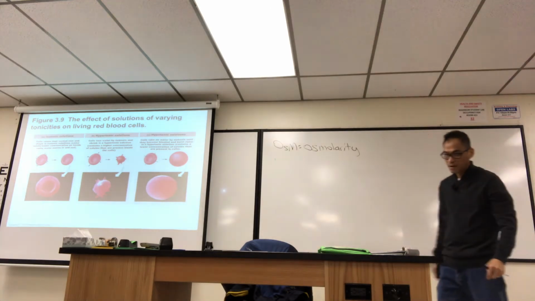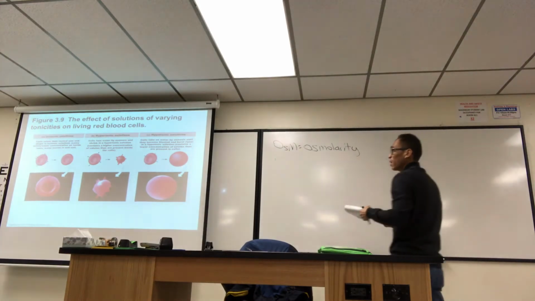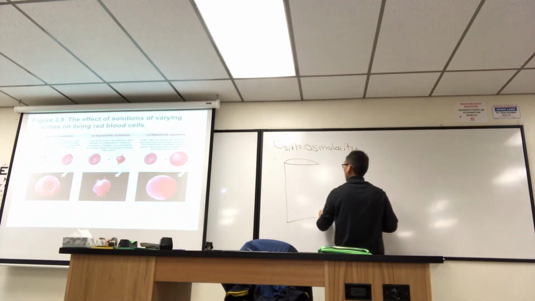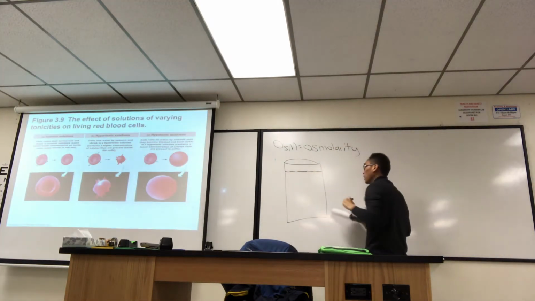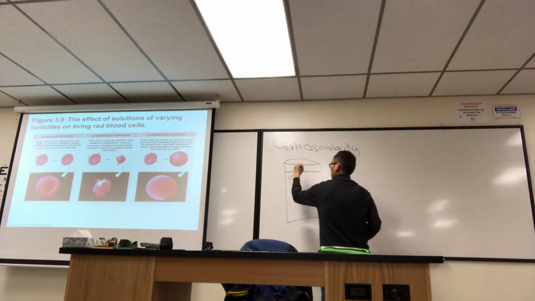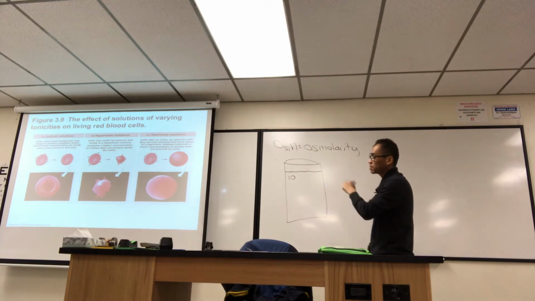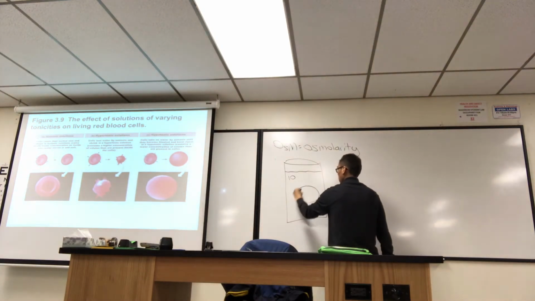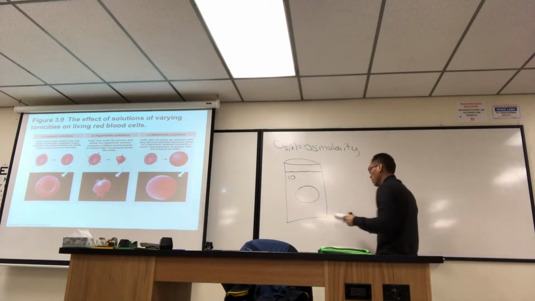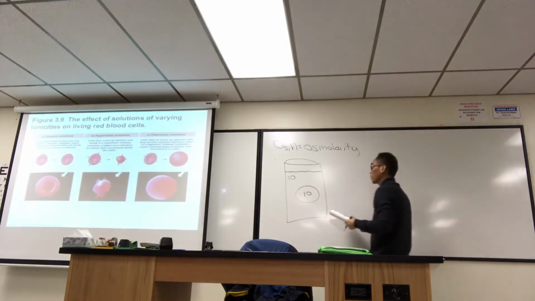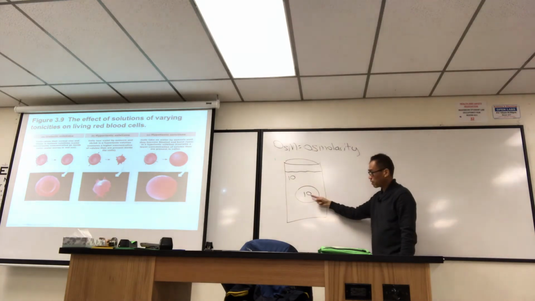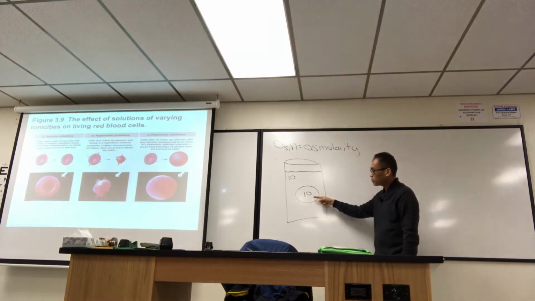Then we have different scenarios here. Let's say, in that first scenario on the figure, you have a big beaker filled with a fluid, and the fluid has an osmolarity of 10. You can drop a cell in there. In this example, they use a red blood cell. Let's say the osmolarity of the intracellular fluid is also 10. You're comparing the osmolarity of the solution versus the intracellular fluid of the cell, because that will determine osmosis.